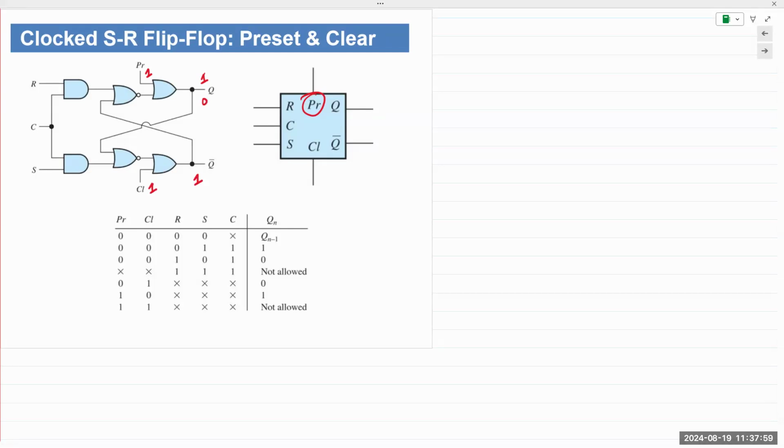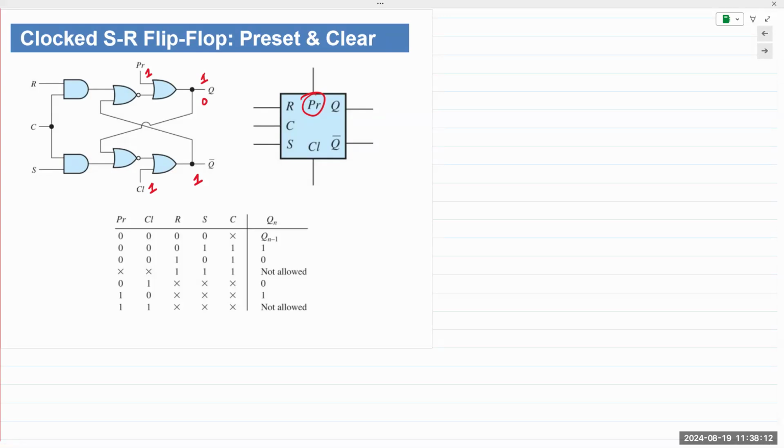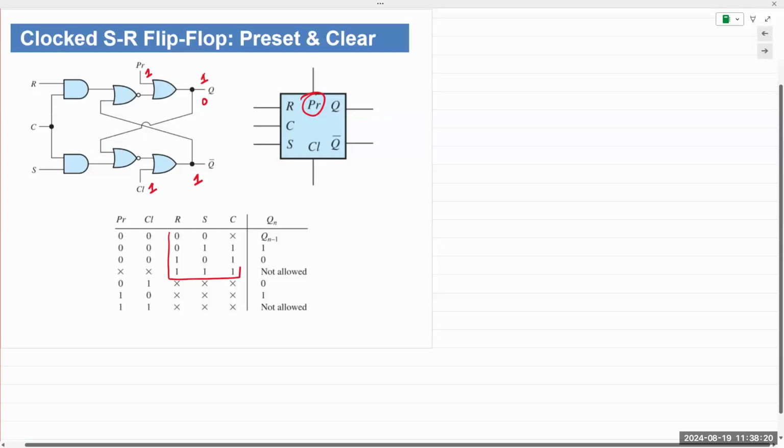Make sense? So preset and clear are used when we sometimes have a need to either set the output to 0 or set the output to 1. We are presetting, hence the name preset. Or we clear out any memory, and hence clear. So the truth table for that also remains the same. If you look here, it's a standard truth table for the SR flip-flop.